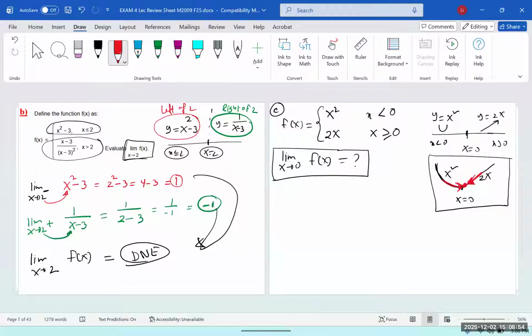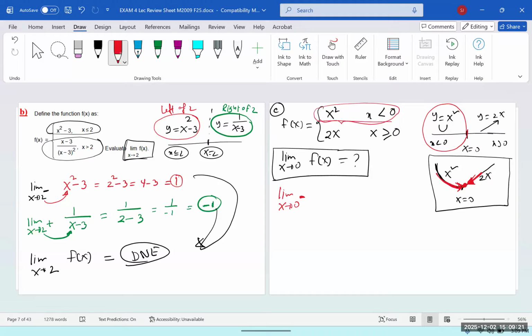First, you look at the left direction. If you walk from the left direction, what's the y value you get? So you take the limit as x goes to 0 from the left side. Left of 0 is this part. This is our left function, left of 0.